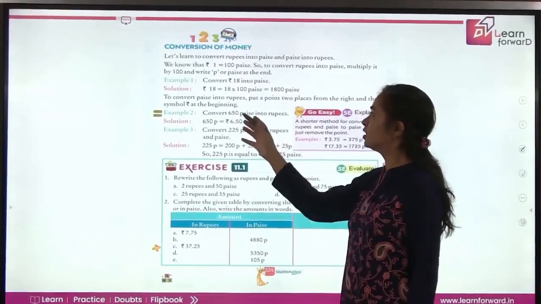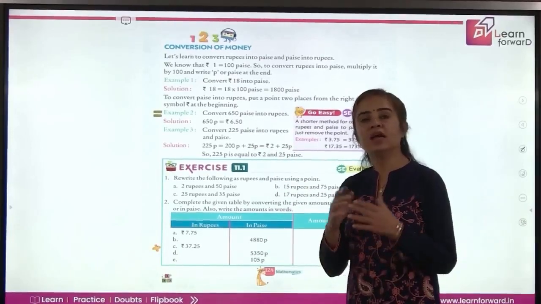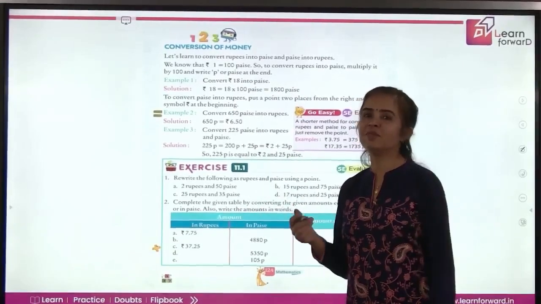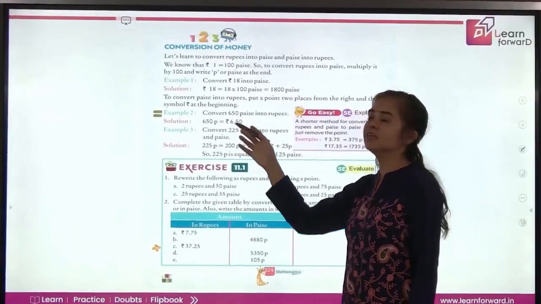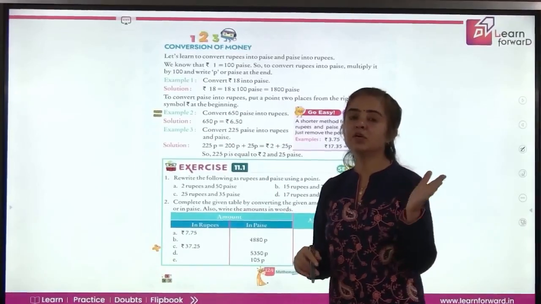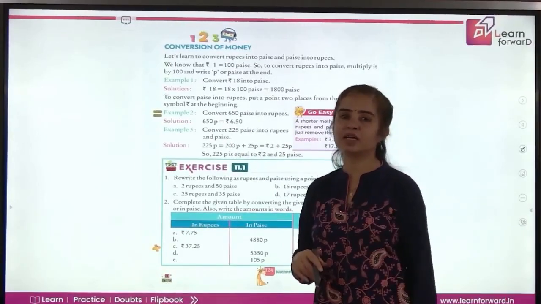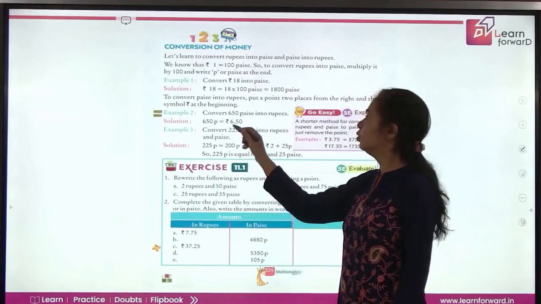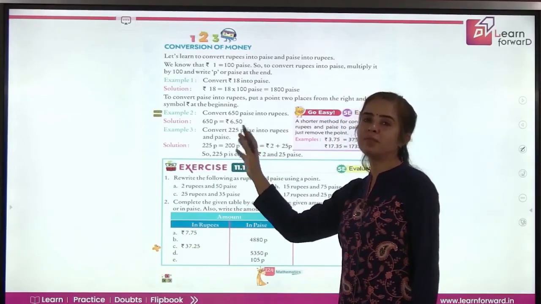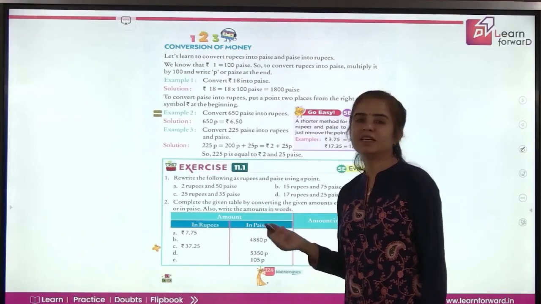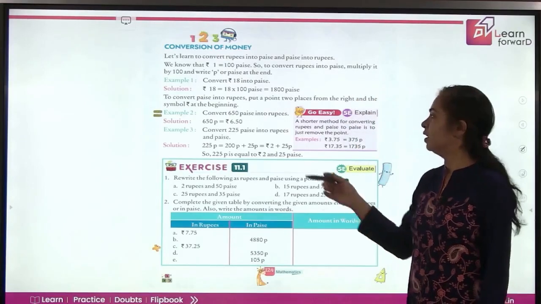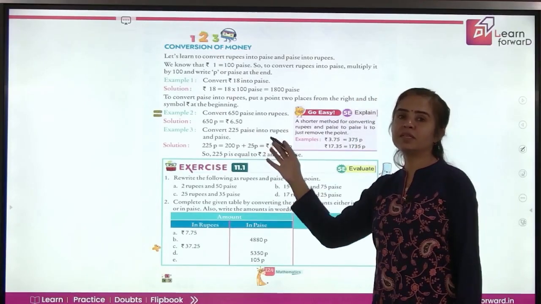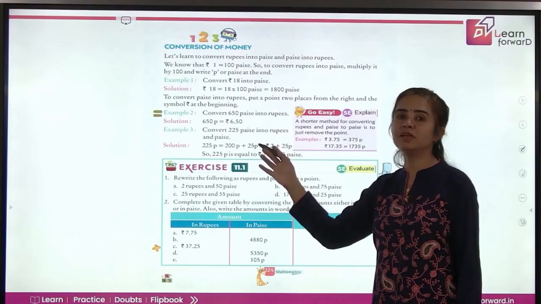If you have to convert 650 paisa into rupees, again we split as we did for meters and centimeters. So 650 paisa means 6 rupees and 50 paisa. So how can you write it? Rupees 6 point, paisa is written after that. We get 6.50. Now if you have to convert 225 paisa into rupees, what will it be, children?